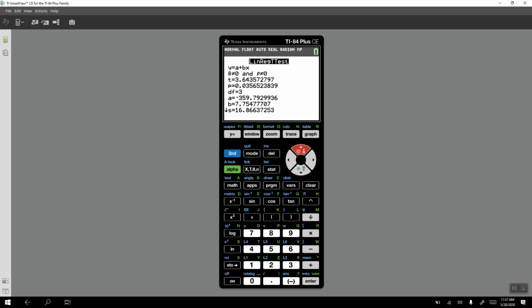But for us, what is a and what is b? Well, if you look down below just a little bit more, you're going to see the value of a and the value of b. In other words, your calculator is automatically giving you the answer, which is nice. All right, so what I'm going to do is take these and write them over on my sheet. All right, so follow me along.